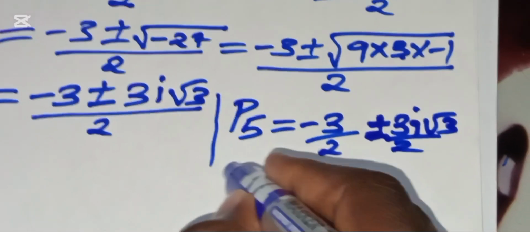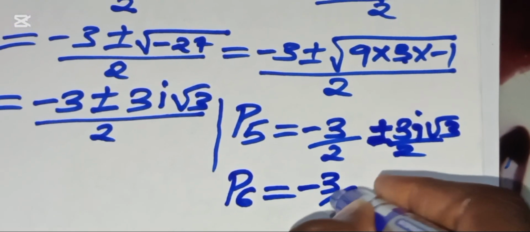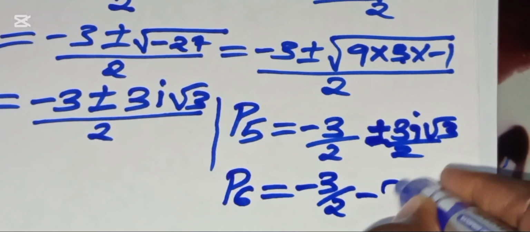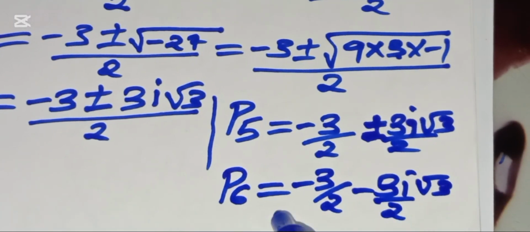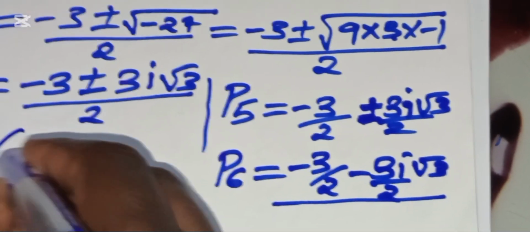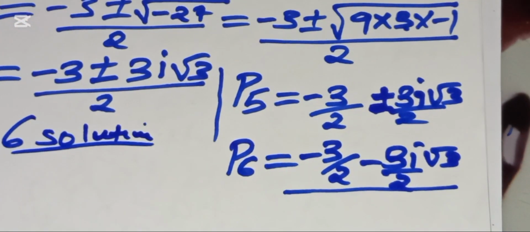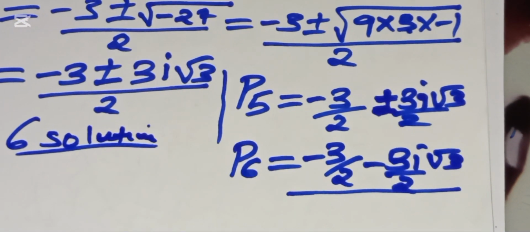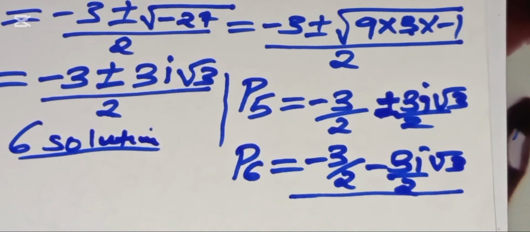And P6 is equal to negative 3 over 2 subtract 3i square root of 3 divided by 2. So in other words, we have 6 solutions: 2 real solutions and 4 complex roots.